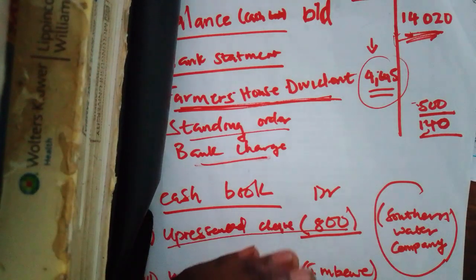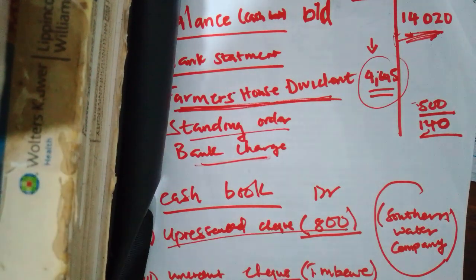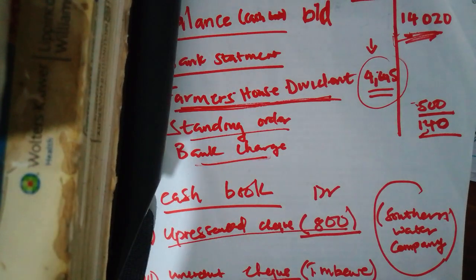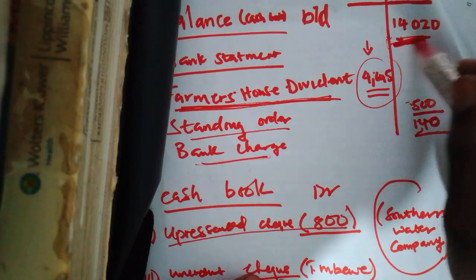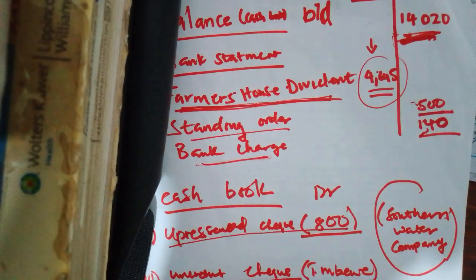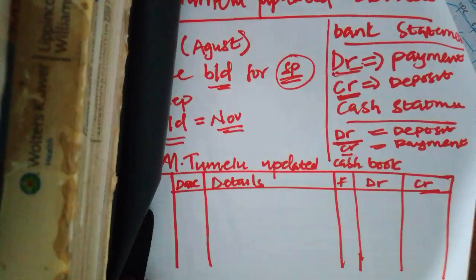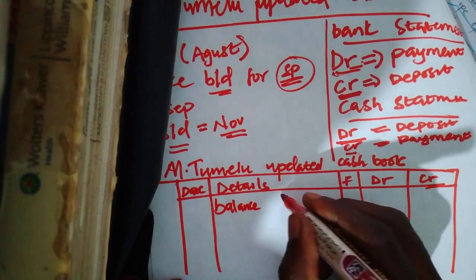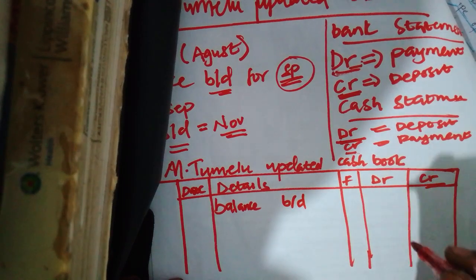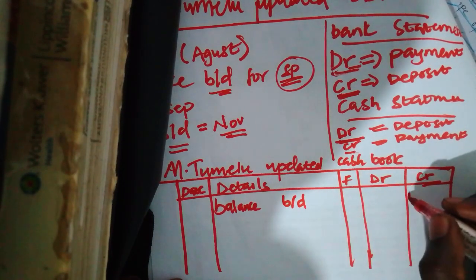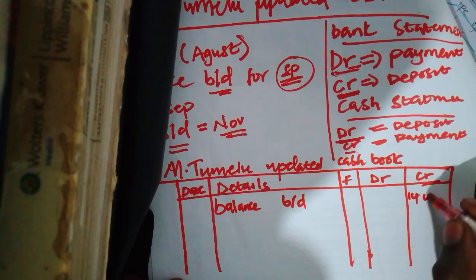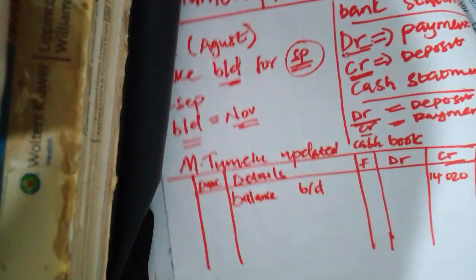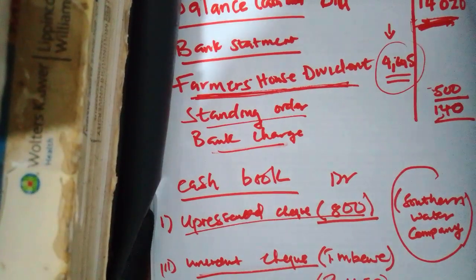There the box ended at August 31st, so you have to add another box for September 31st, which will be the credit side. So the balance breakdown was 14,020 kwacha.